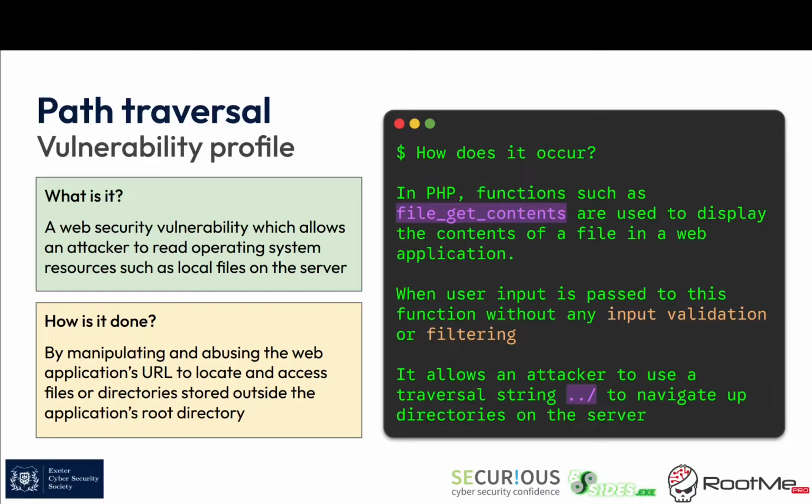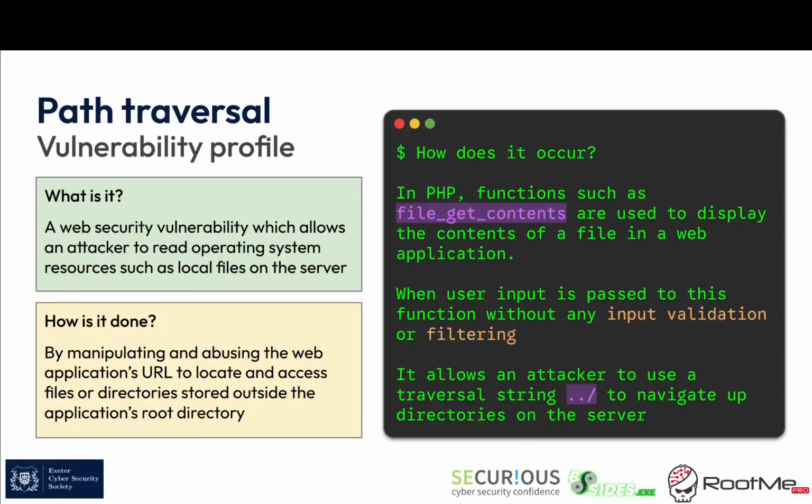But of course, if a developer uses this function but then passes user input directly into the API call without any input validation or filtering, it allows an attacker to use a traversal string. You might recognize the two dots and a slash, which correspond in Linux to moving up one directory. The same can be applied to passing this string into the file_get_contents function, and it allows you to navigate up directories on the server.